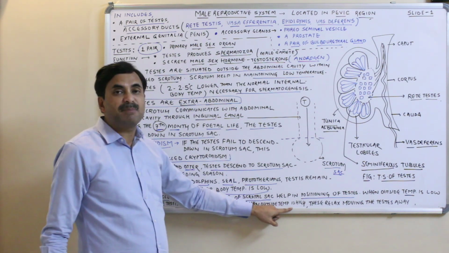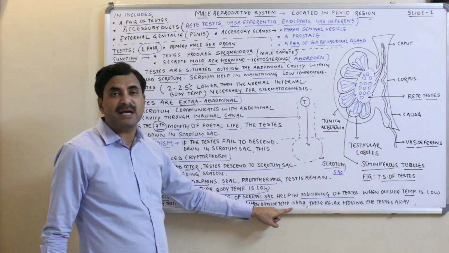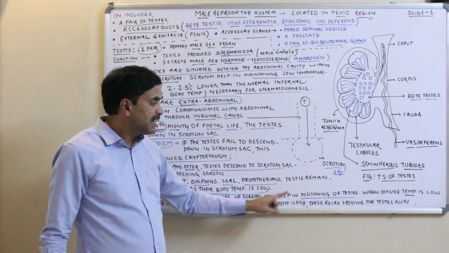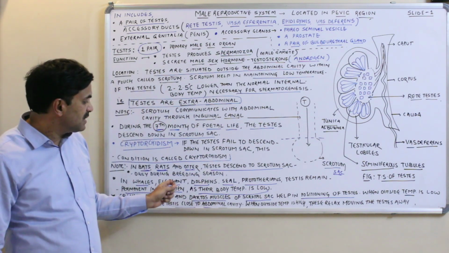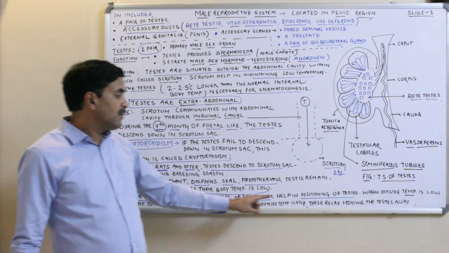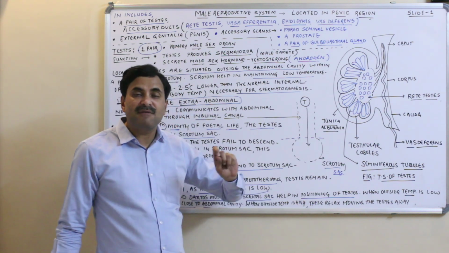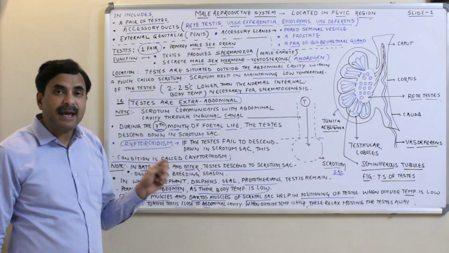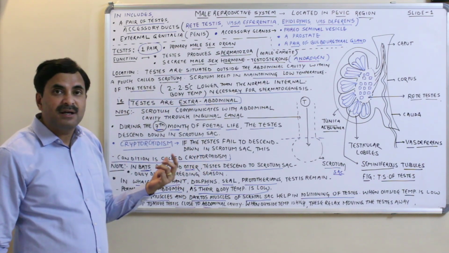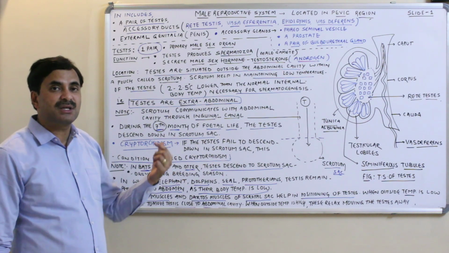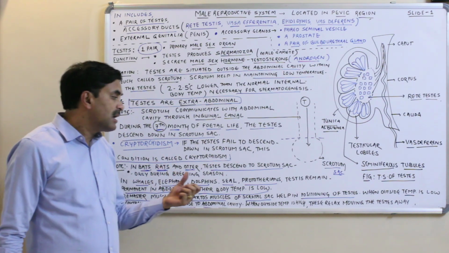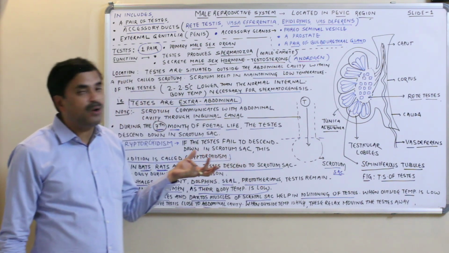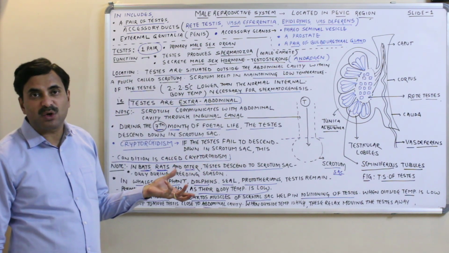But when the outside temperature is high, more than 37 degrees Celsius, that is in the summers, these cremaster and dartos muscles will relax and move the testes away from the abdominal cavity. Like this, these two muscles are helpful in positioning of the testes in the scrotal sac.